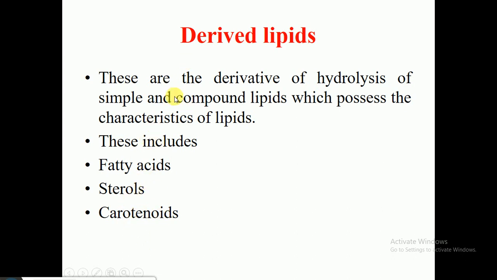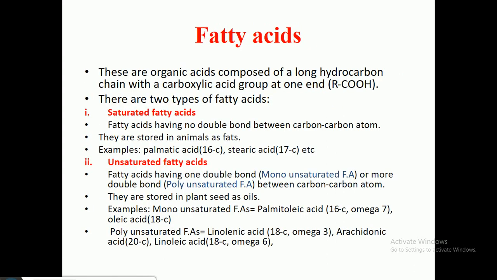It means that derived lipids are the lipids which can be obtained after hydrolysis of simple and compound lipids. When the simple and compound lipids are hydrolyzed, the products obtained are in the form of derived lipids, which include fatty acids, sterols and carotenoids. So these are the derived lipids.